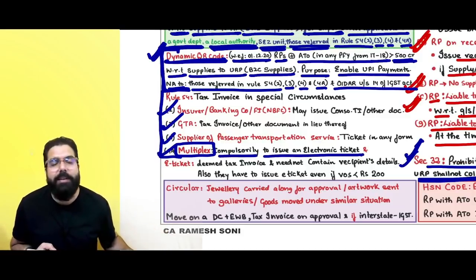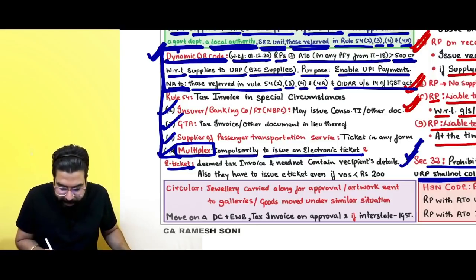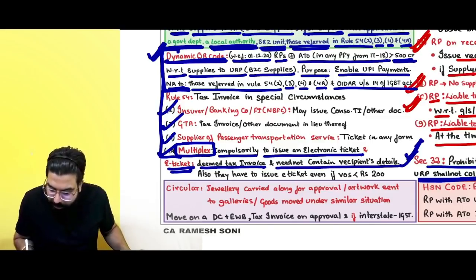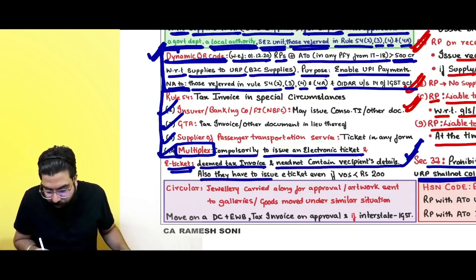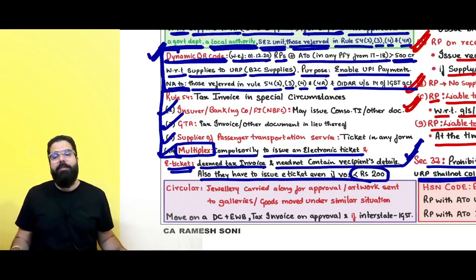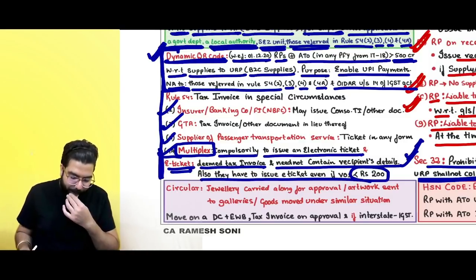For a multiplex theatre which has multiple screens, e-ticketing is mandatory. E-ticket will be deemed as the tax invoice and it need not contain the recipient's details. Also, they have to issue e-ticket even if the value of supply is less than 200. Please be very careful. Very important for your exam. Multiplex can be important. That point is clear.